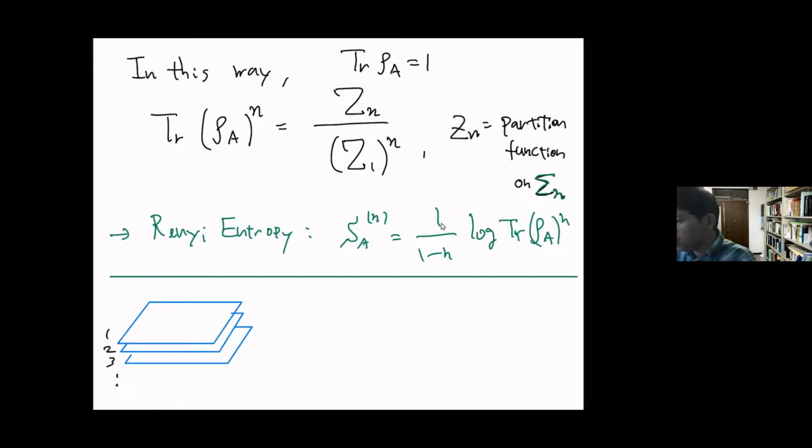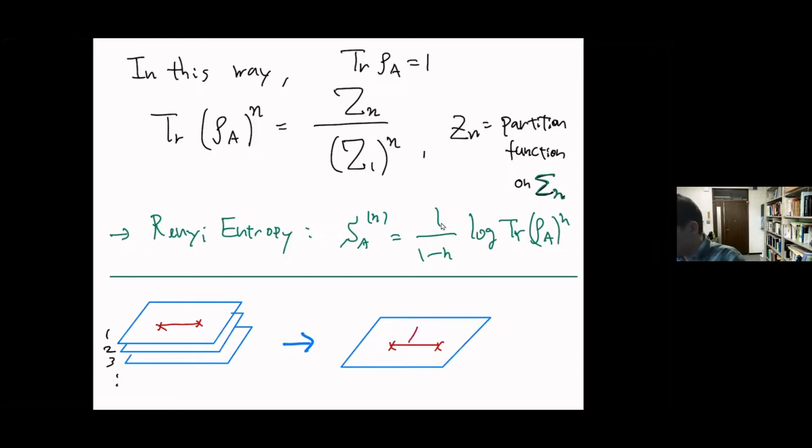So we have a seat, and we have some cut here. But we can combine these into just one seat, a big seat, with the same cut along A.